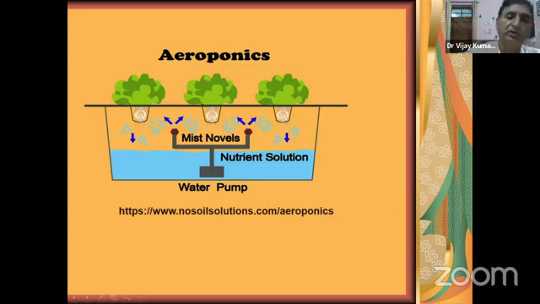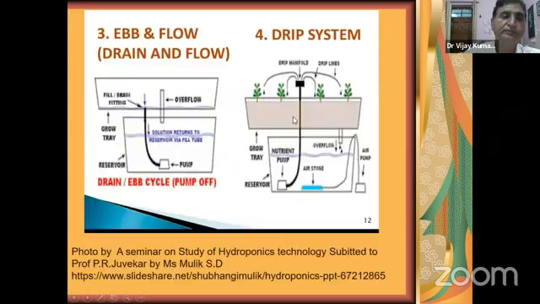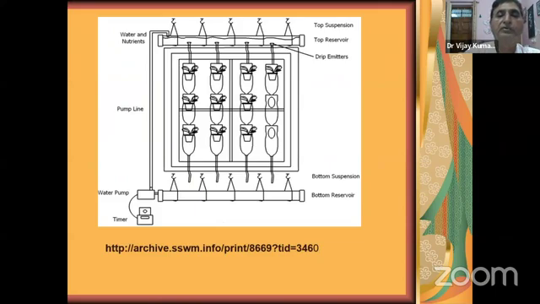The nutrients are in the solution, but there is no touch with the roots. Only the nutrient is being sprayed there. So this is the aeroponic technique. Then for vertical gardening, which is nowadays fashionable, and a lot of area is being covered where we don't have land, and the land is barren, or on buildings or on rooftops, we are having this. So for that we have to use the hydroponic techniques.